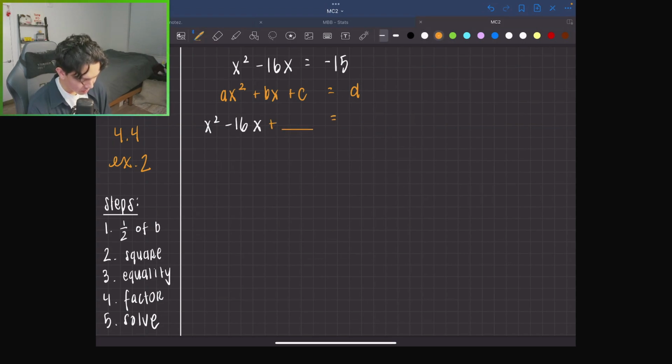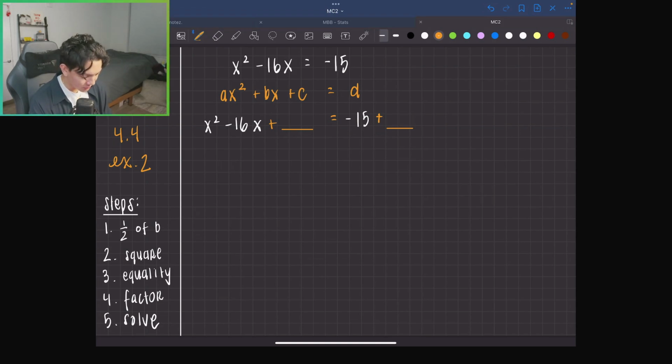We're going to have x squared minus 16x plus a c value equals negative 15, and I'm going to write here plus and then a blank space over here. The reason I'm doing this is because to complete the square, we have to add a c value, and whatever we add to one side of the equation, we have to do to the other side as well, because that's the property of equality.